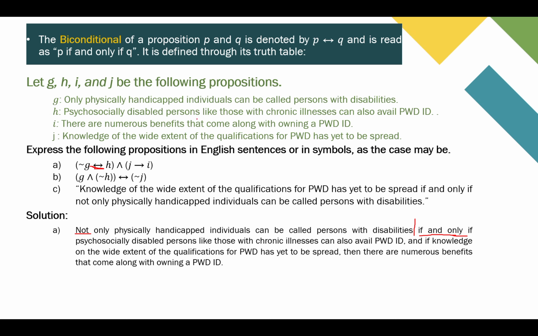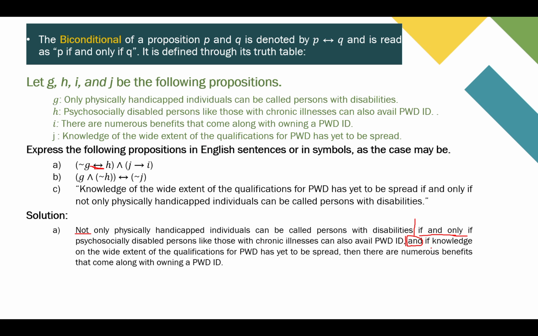Psychosocially disabled persons. Up to here. Remember, there is a comma here, class, because that is where our parenthesis is. There is not G and then H. And then, the inverted V, that is the end. Okay.